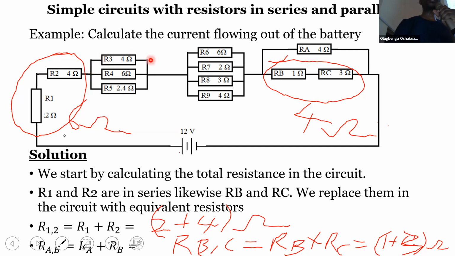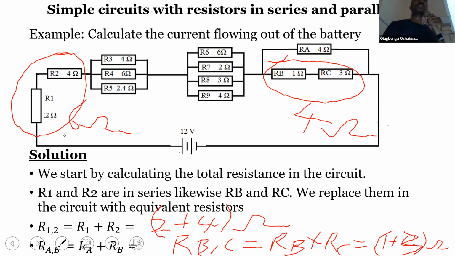Some will flow through R3, some will flow through R4, the rest will flow through R5, and they will meet here to be 1.2 amperes. They will get to this junction, split into 4, and meet here again to be 1.2 amperes, get to this junction, split into 2, one through the upper part, the other to the lower, and they will meet here to be 1.2 amperes and continue that journey.